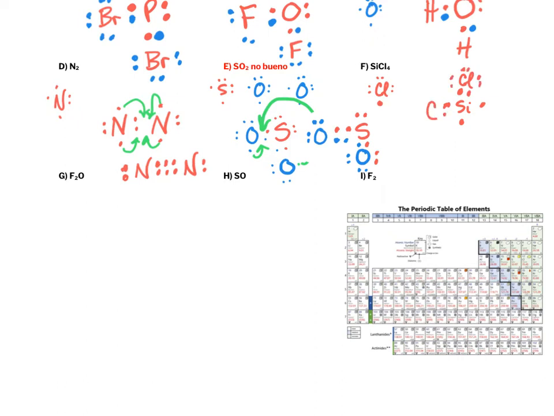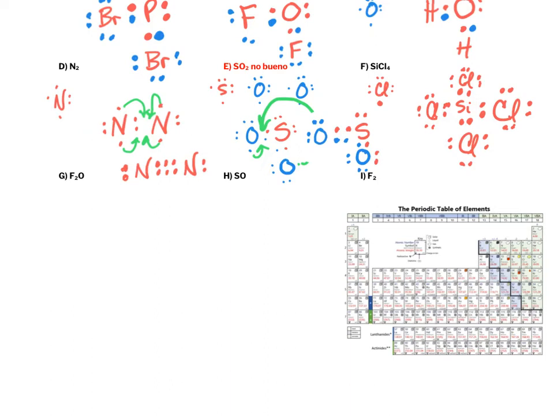We'll have another Cl, share 1, unshared ones, and another Cl, share 1, unshared ones. And I think we're supposed to have a dot on the side of silicon. Nope, we had to have another chlorine in there. That's what we needed. Another chlorine. Cl4. All right, got a couple more to go.